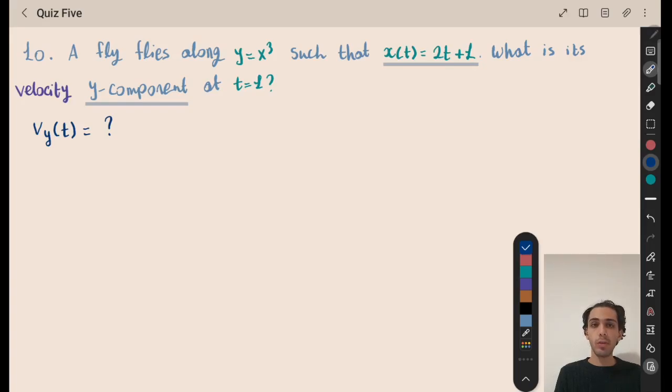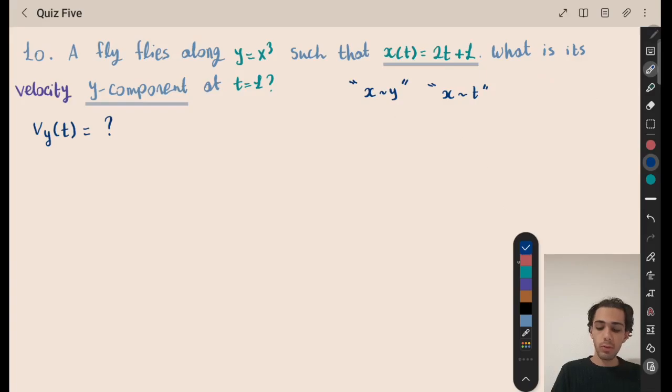Okay, and what is given to us? There is a relation between x and y. Maybe I'll do it like this. But this doesn't mean anything. It's not a formal notation for anything. I'm just saying there's a relation between x and y, and there's a relation between x and t.